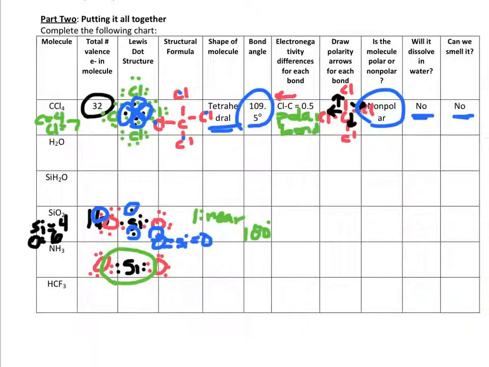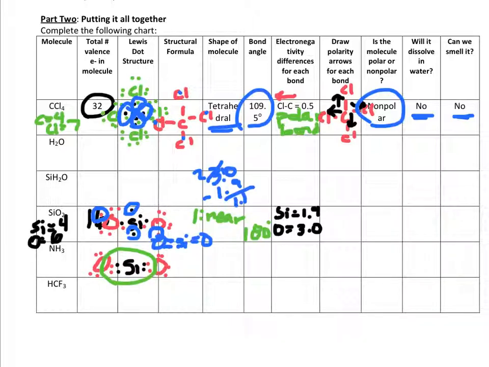Now we have to take a look at the electronegativity differences. On your chart, the electronegativity for Si is 1.9, and the electronegativity for oxygen is 3.0. If we subtract 3.0 minus 1.9, we get a difference of 1.1.